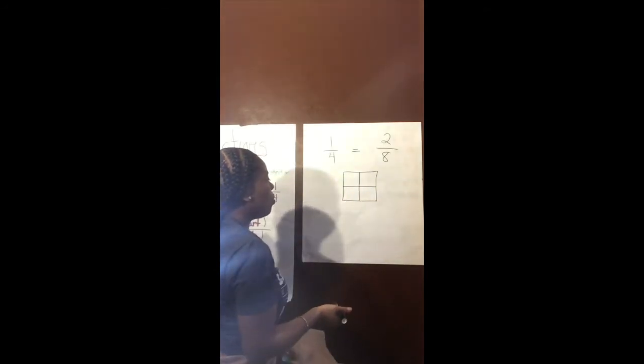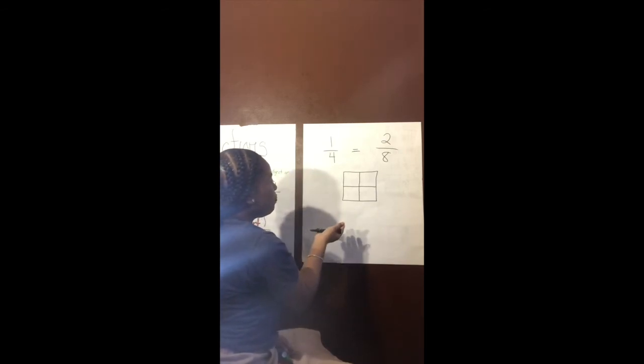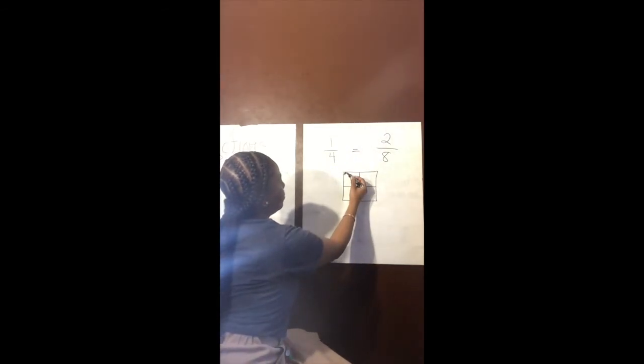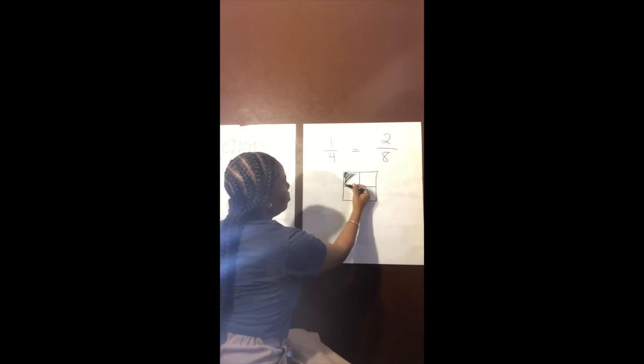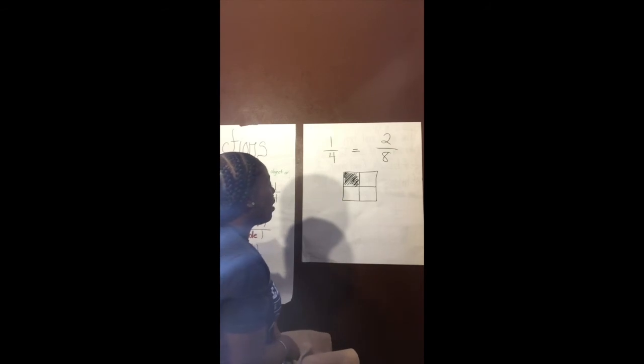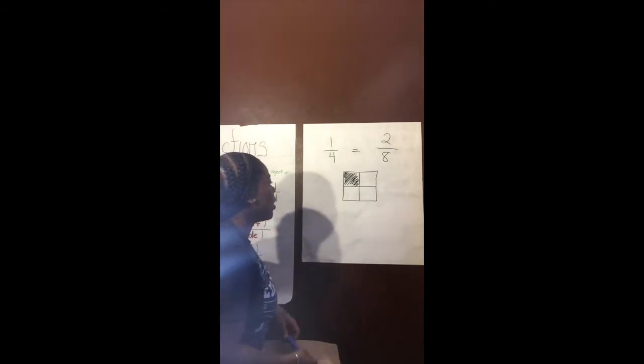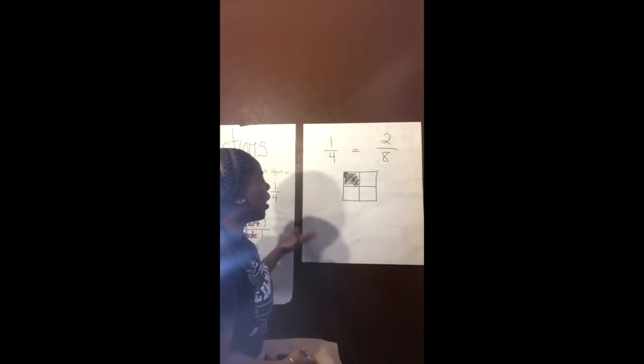And now our 1 whole is broken down into fourths. I'm going to shade in one section of this 1 whole to represent 1/4. Now we have 1/4.